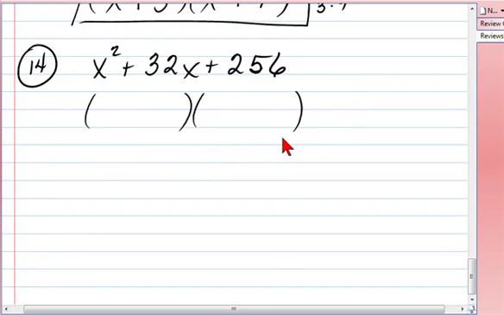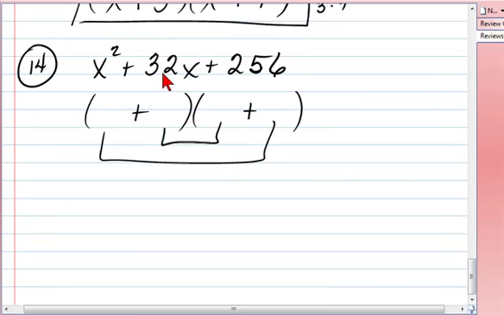It's a trinomial. Tell me about the signs. Both positive. All right. The outer plus the inner products must add up to be 32. So 1 times 256 definitely does not give me 32. That gives me 256, but they don't add to be 32.